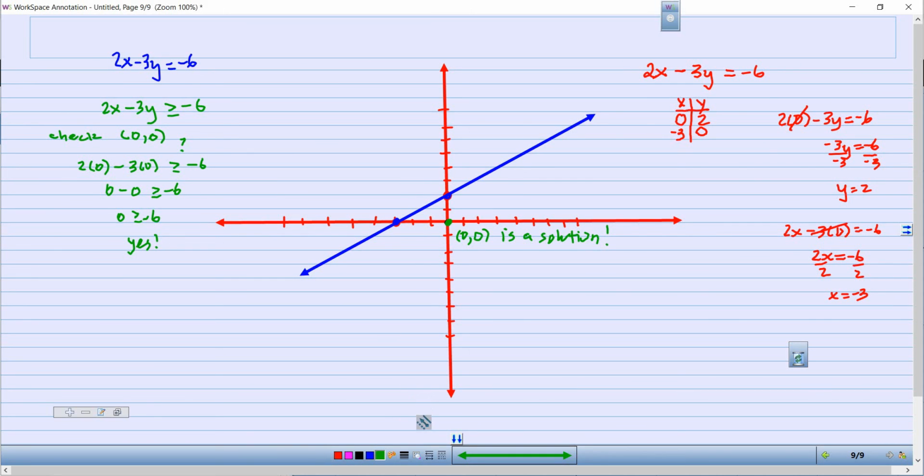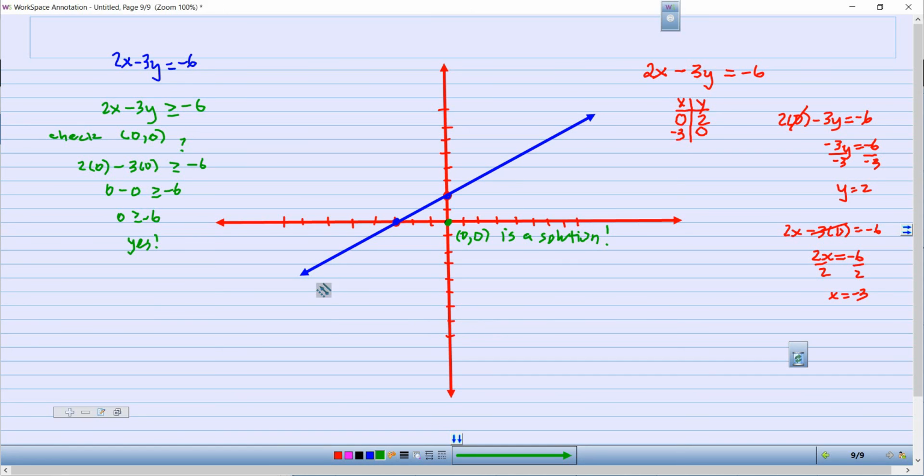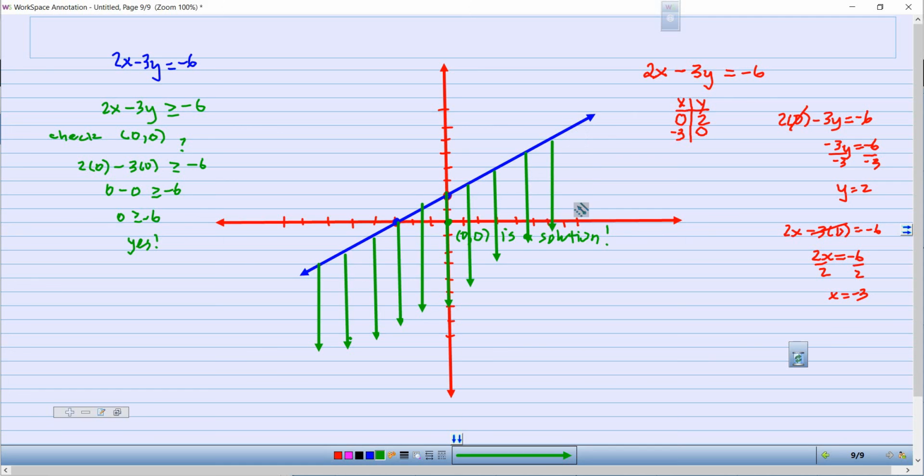So what does that mean? That means for this inequality, all of the solutions are going to be on the same side of the line, which in this case is below the line, as 0, 0 is. I'm going to go down from the line. This tells me that all of the solutions to make 2x minus 3y greater than or equal to negative 6 are going to go down.